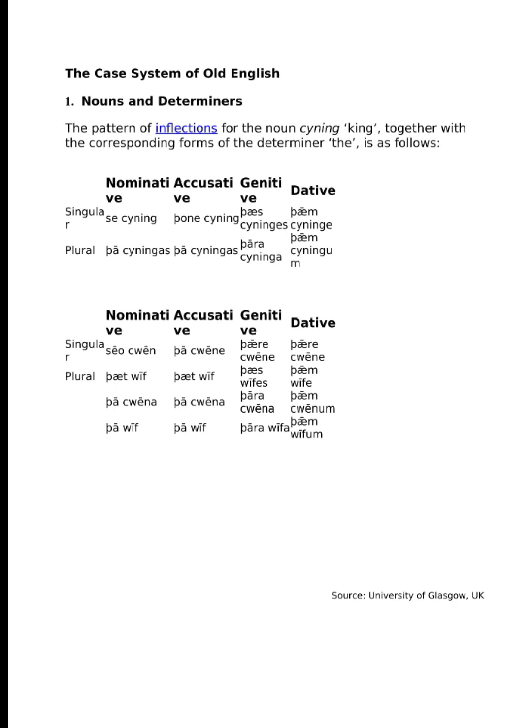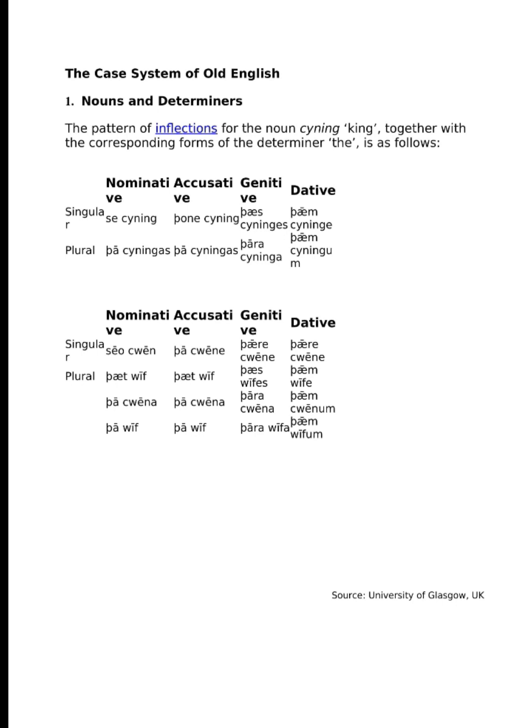The phrase the king in Old English would be pronounced as se cyning in the singular nominative case. Now we can see here in the table how se cyning in Old English, which in modern English means the king, changes according to the case system in the accusative, genitive, or dative cases.